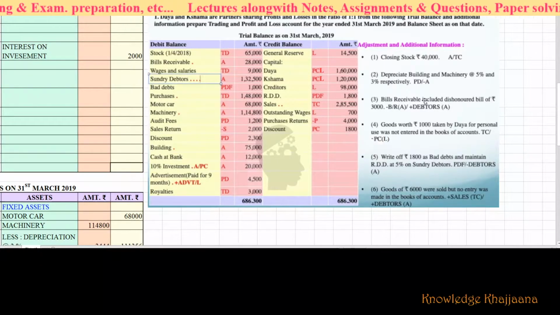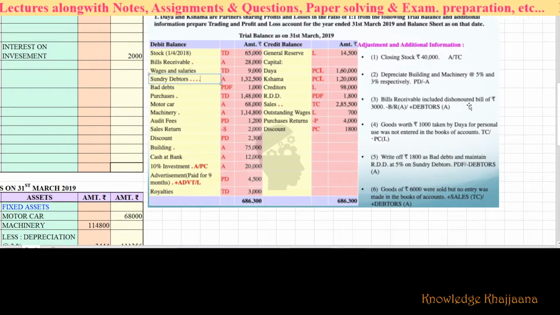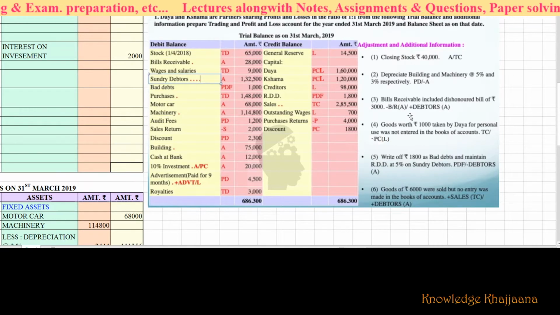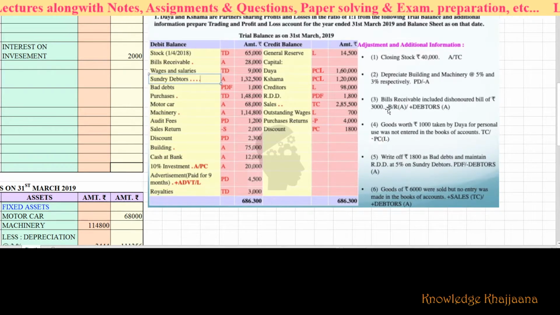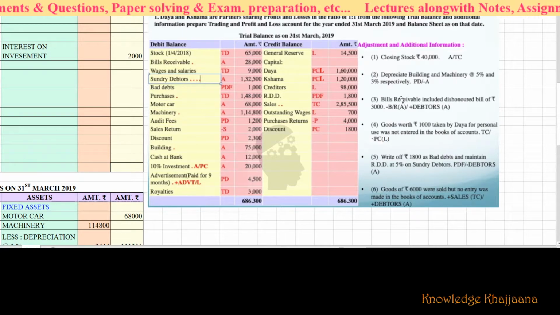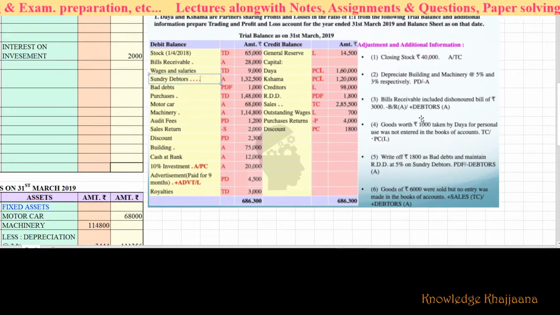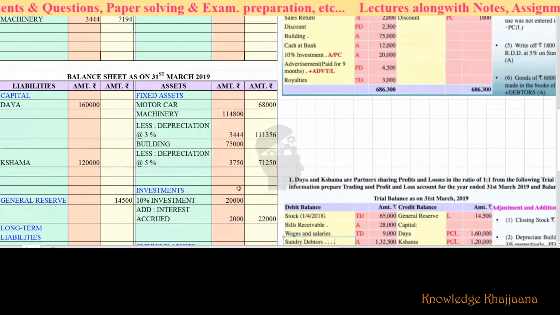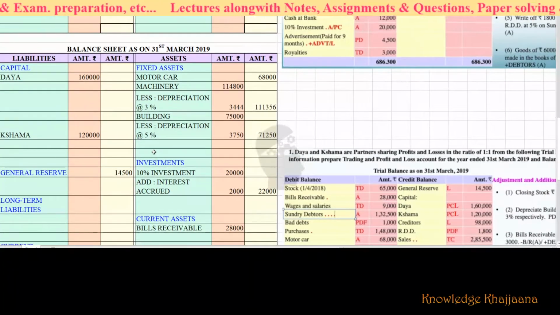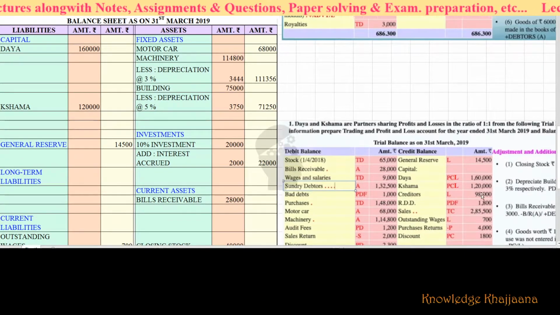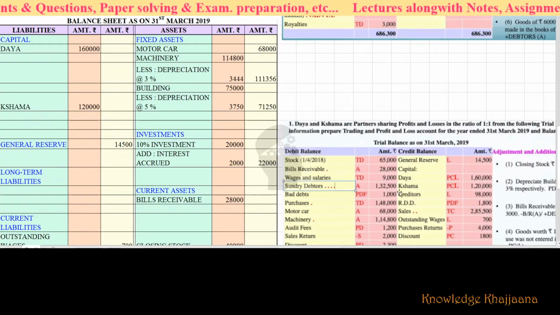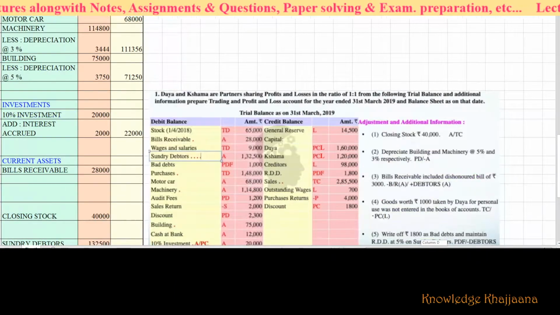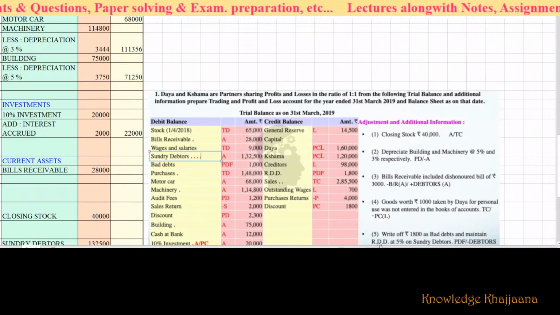Now next, bills receivable included dishonored bill of rupees 3,000. Okay, what is the first entry? We have to deduct that much of amount from bills receivable on the asset side, and again that much amount we have to add to the debtors in asset side. Both the recordings will come in the asset side only, in the balance sheet. Bills receivable amount 28,000 we had already recorded, which we got from the trial balance. Now they are saying, bills receivable of rupees 3,000 are dishonored.